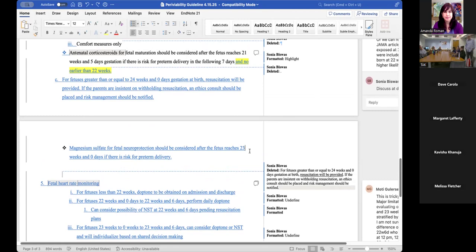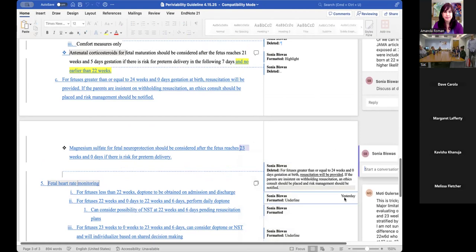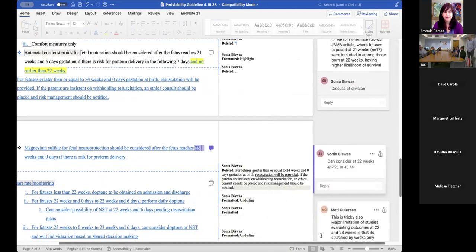I personally think, if neonatology is possibly going to intervene and we're giving steroids, we don't have to recommend it, but we have offered it at 22 weeks, so we should change the guideline to at least follow what we have done already. Okay.